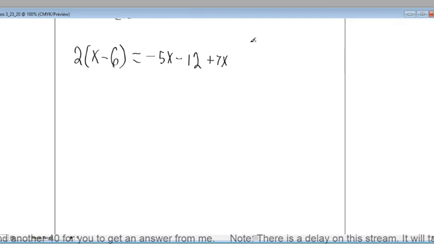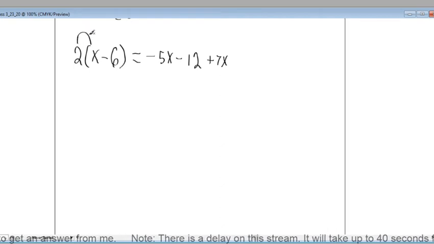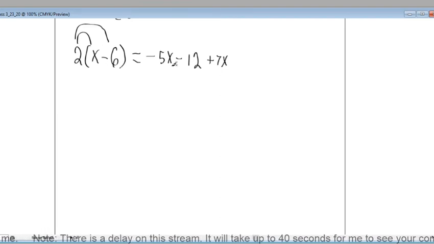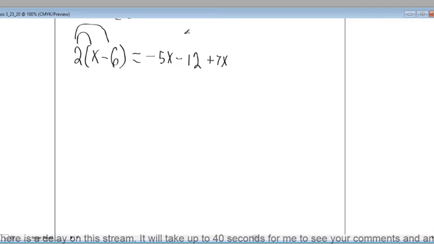Well, we've got parentheses on this side. So we're going to need to distribute this in order to simplify this expression. We've also got like terms on this side. So we're going to need to combine our like terms on this side, negative 5x and positive 7x, in order to simplify this. So let's go ahead and just do that all in one step.